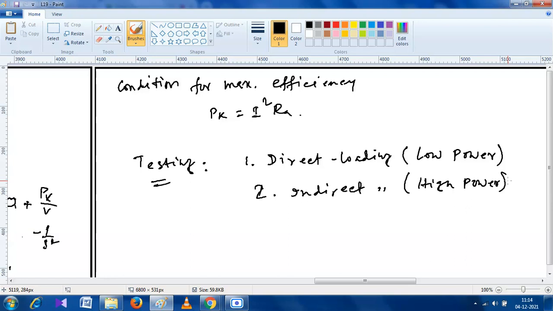Yes, sir. And in indirect loading method, there are basically two tests which are done. One is called Swinburne test, and number two is Hopkinson test.